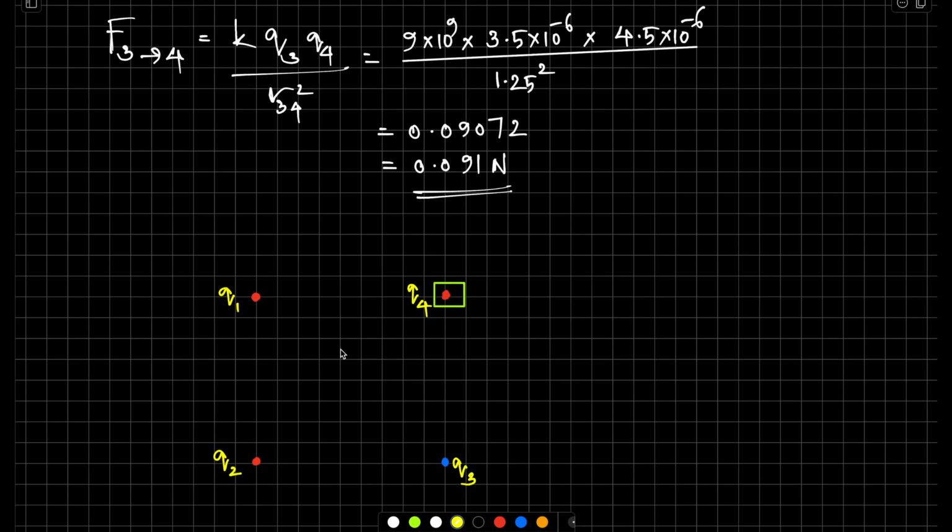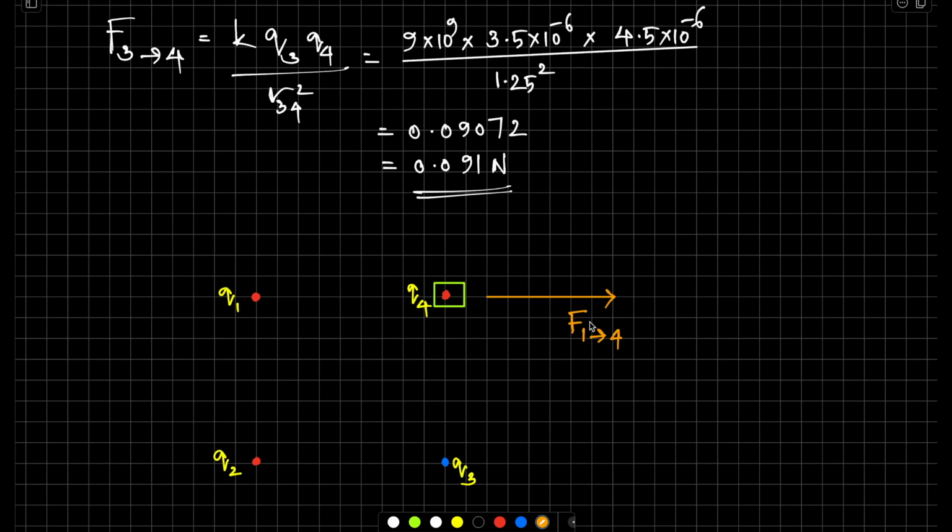Both of them are positive charges, so Q1 will try to push Q4 away from it, right? So the direction of this force, F1 to 4, will be in this direction, because Q1 being positively charged will try to push Q4 away from it.